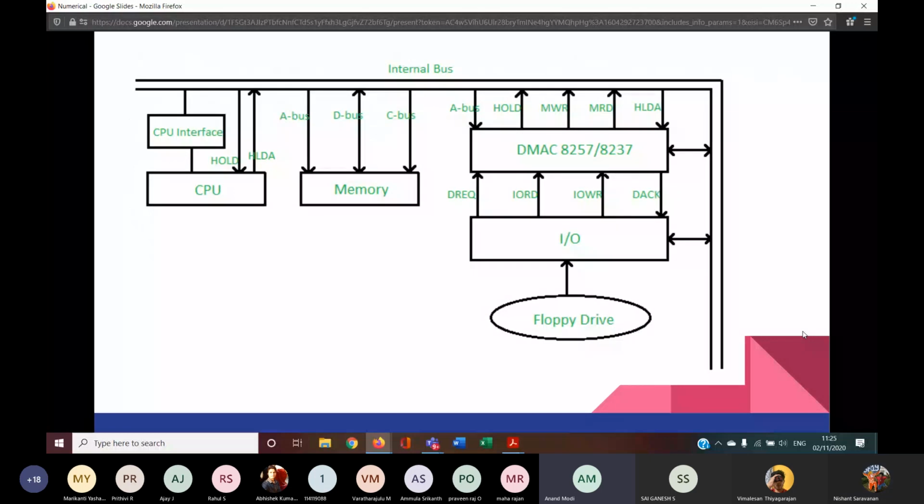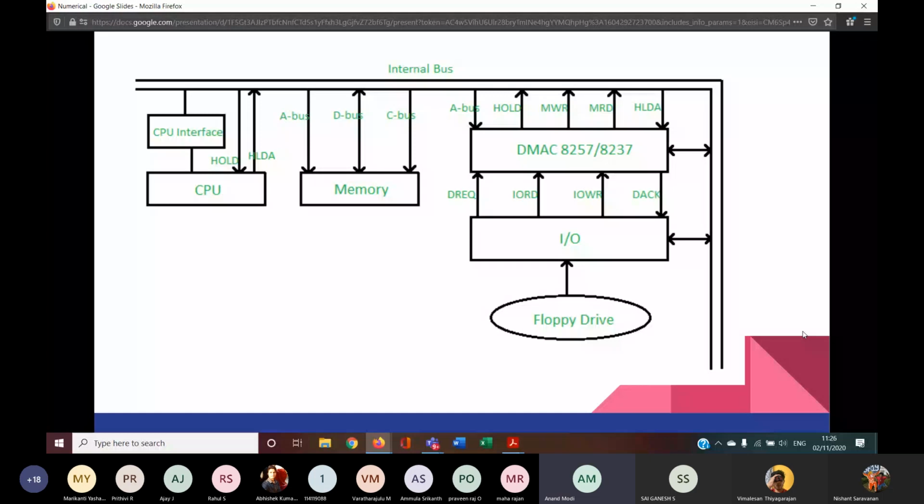Yeah, so the DMAC 8257 is manufactured by Intel, and it is used for the fastest rate of data transfer. So what happens is the input-output device sends a request, and then the DMAC sends a hold request to the CPU.